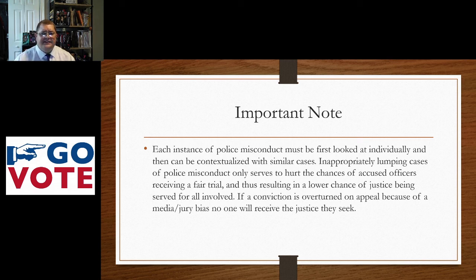So when these incidents happen, it's extremely important not to try to just lump them in with other high profile incidents that have taken place. It's a logical fallacy, number one. Number two, if you have a case where a community member is at fault.